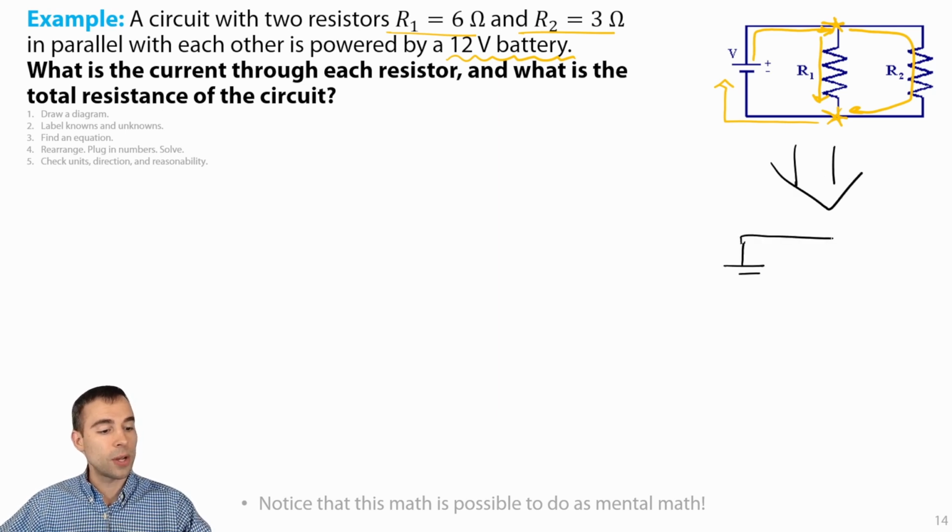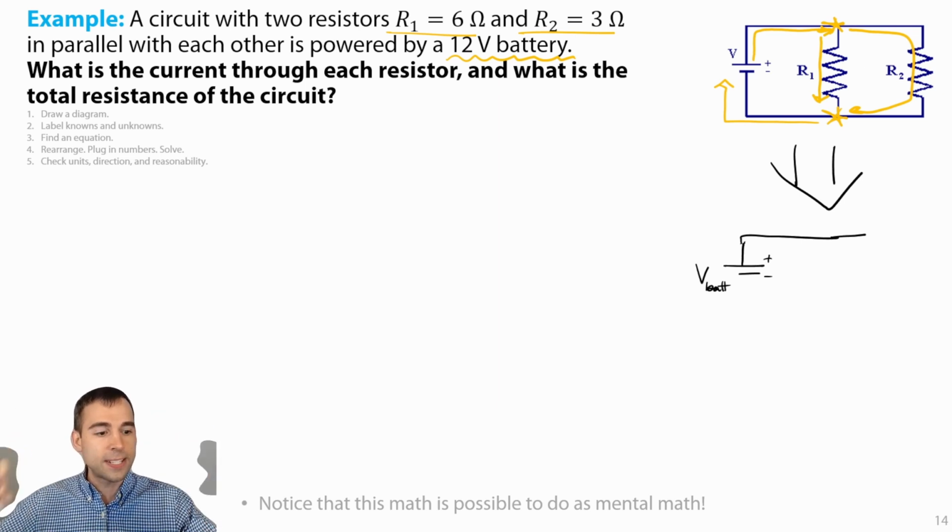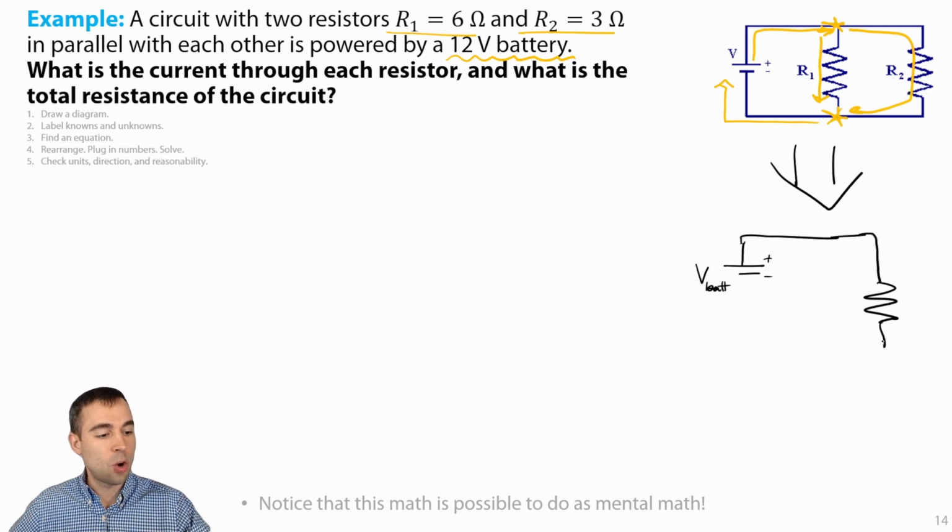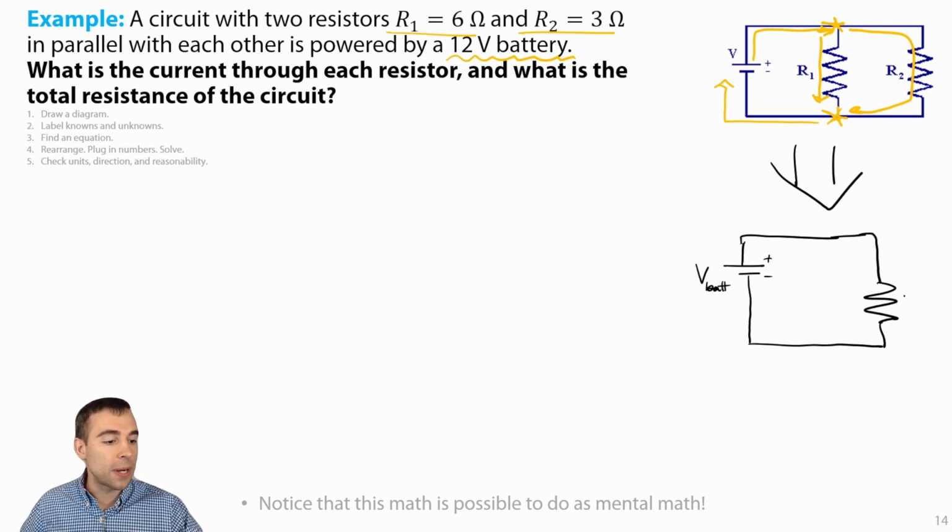We want to make sure we always start with our battery, labeling the positive and the negative end, and it's like we are going to combine these 2 resistors as if they're one resistor. This is the equivalent resistor with the total resistance of both of those individual paths, and you could call this whatever naming convention you want, but I like to usually do R parallel between 1 and 2, RP 1, 2.